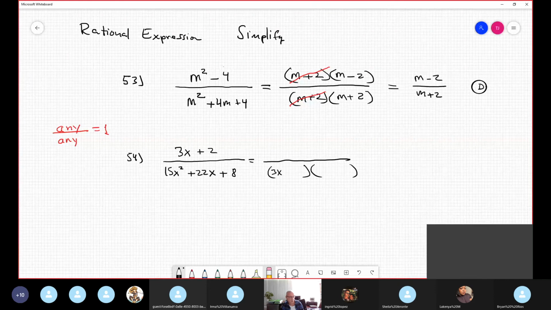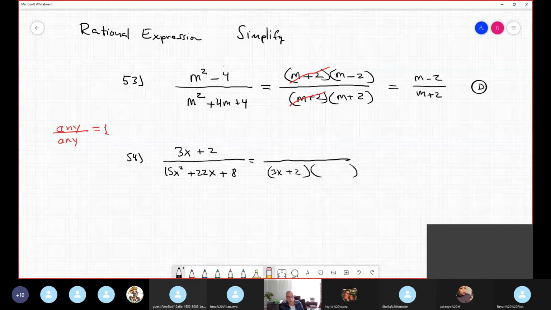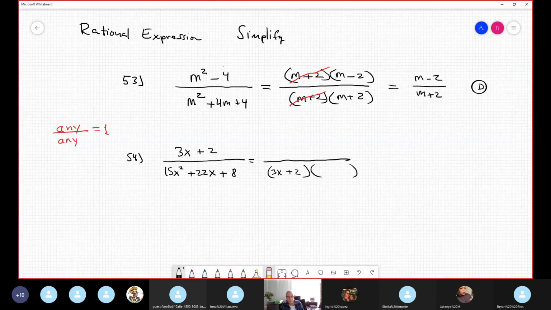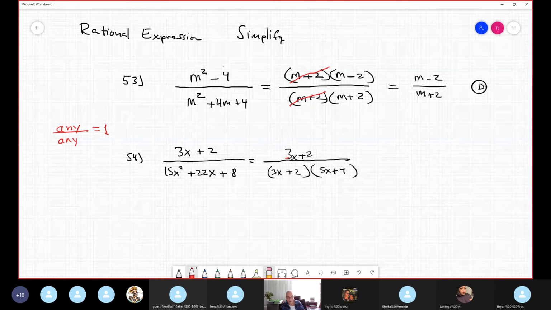3x plus 2 and 5x plus 4. And in the top, unfortunately, we cannot do anything because this binomial is no square, no difference of squares, nothing. But I realize that this factor and this factor are the same.